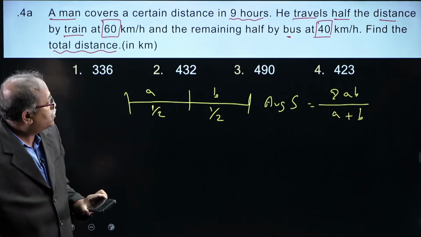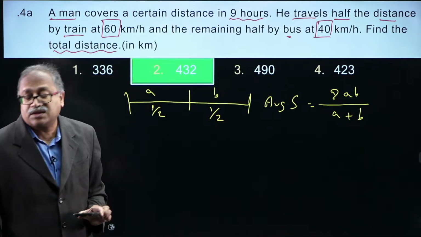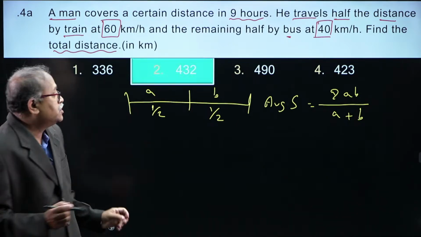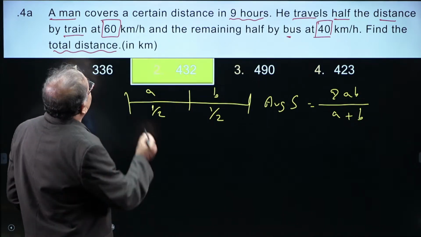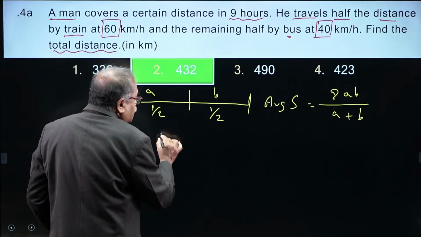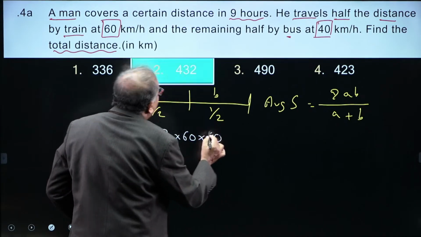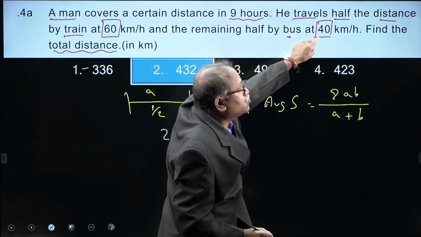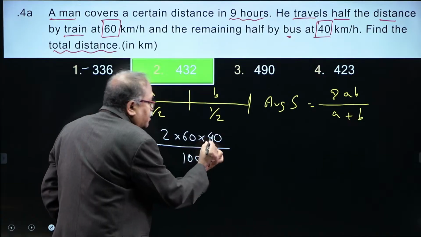432, that means option choice 2, Appal Naidu says, and he is right. So, let us find out what Appal Naidu must have done. The average speed is 2 into 60 into 40, that is 2ab by a plus b, over 60 plus 40, 100.